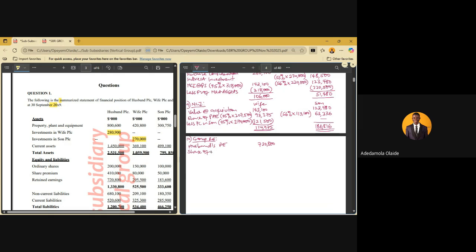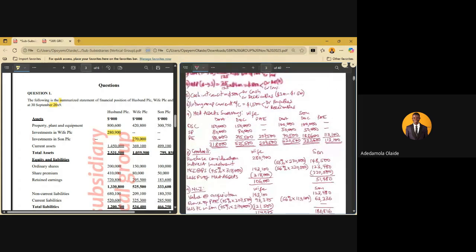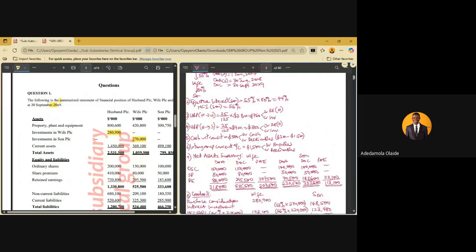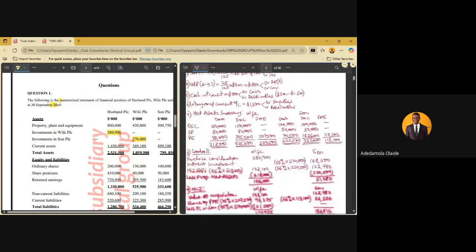Share of post-acquisition earnings: they will share from wife 55% of 207,500, then from son 44% of 113,100. Aside from sharing those two, we have other adjustments like unrealized profit, 760 and 800.